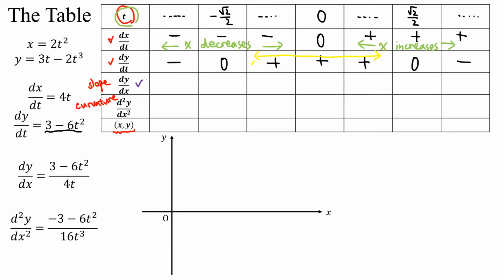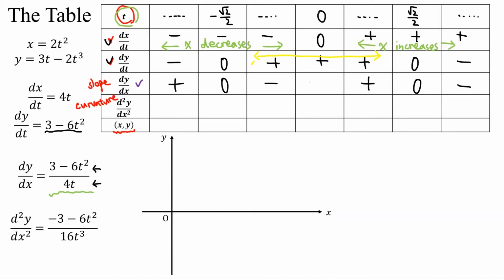And next, the slope dy over dx. From here, you can notice that this derivative is 0 here and 0 here. And what about its sign at other intervals? Well, by investigating the sign of the numerator and denominator, which are basically these, we can find out that dy over dx is positive here, negative here, and positive here.